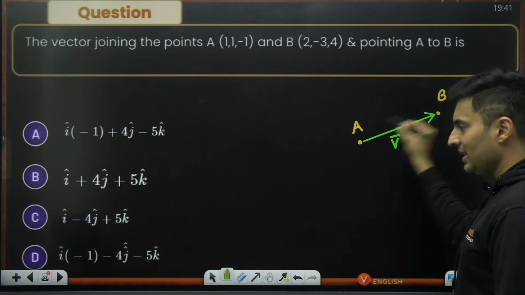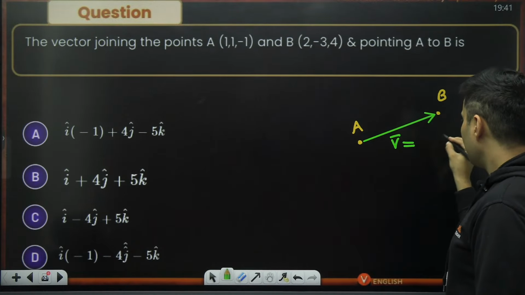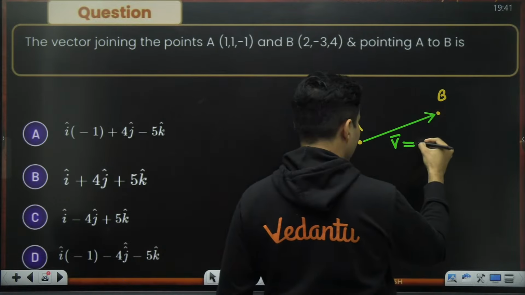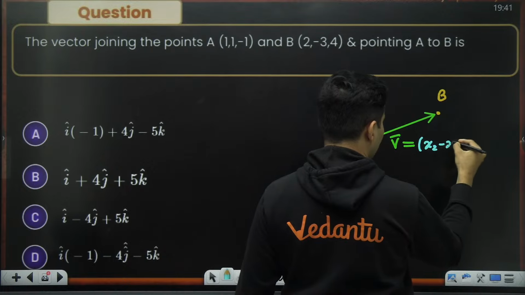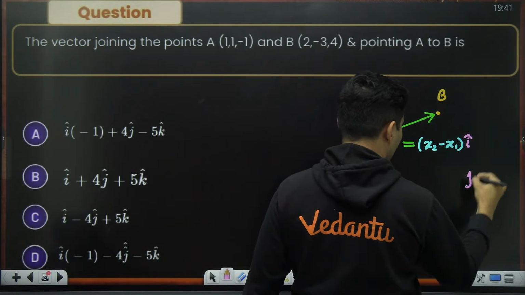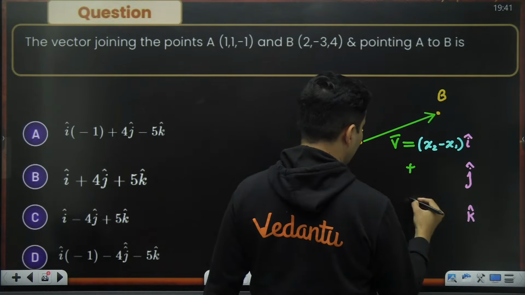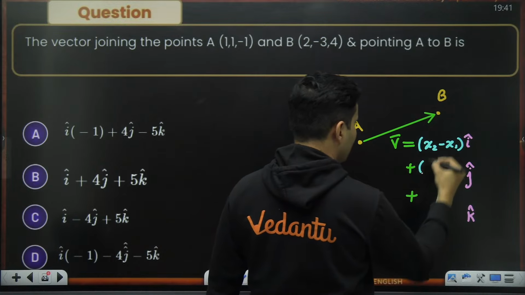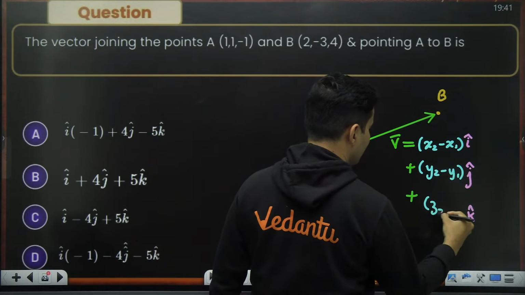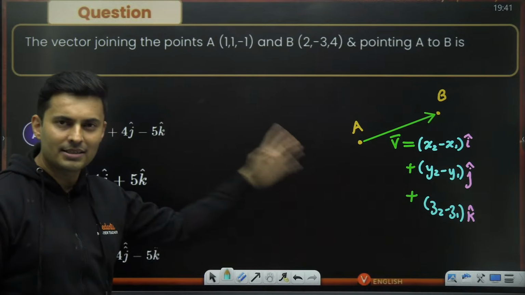If you know the points, then this vector v will be nothing but the difference of the coordinates: x2 minus x1 i cap, y2 minus y1 j cap, and z2 minus z1 k cap. Just the difference of the coordinates, that's it.